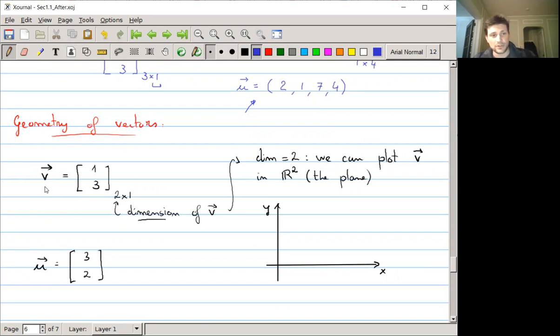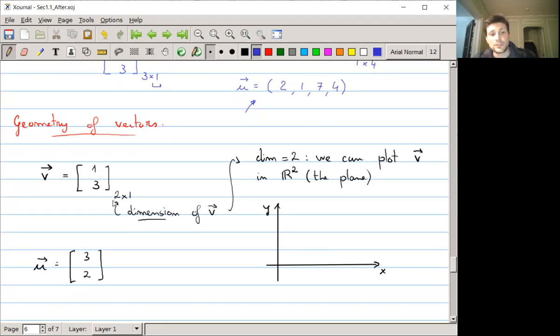When we have a vector, for example, this v over here, whose entries are 1 and 3, first of all, there's some terminology involved. We say that that vector is two-dimensional, or that the dimension of v is 2, because that's the number of entries it has. Whenever we have an n-dimensional vector, we can draw it in n-dimensional space.